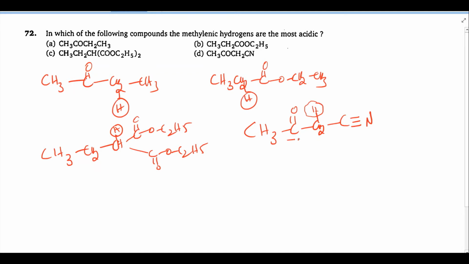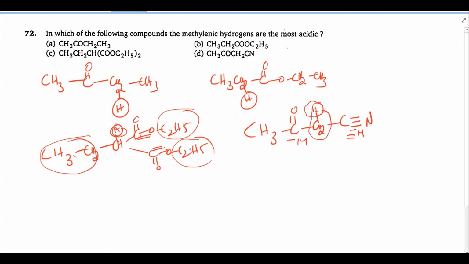Why? Tell me. Beside these two, this active methylene group is directly connected to minus-effect groups. Here also this hydrogen is acidic. There are two electron withdrawing groups, but obviously there is an electron releasing group also.